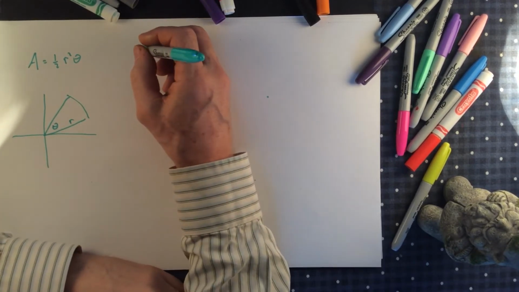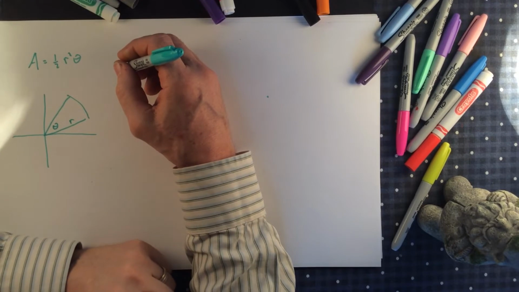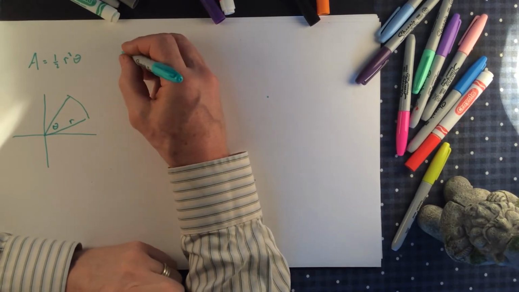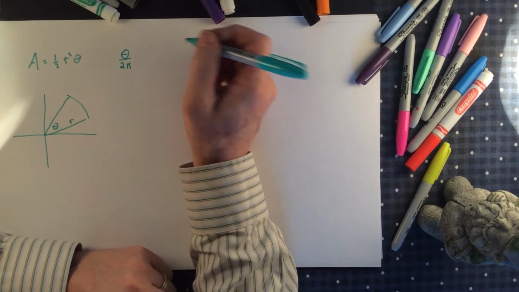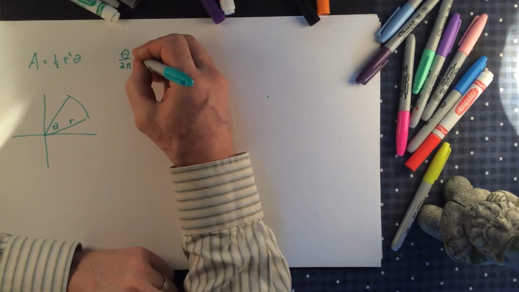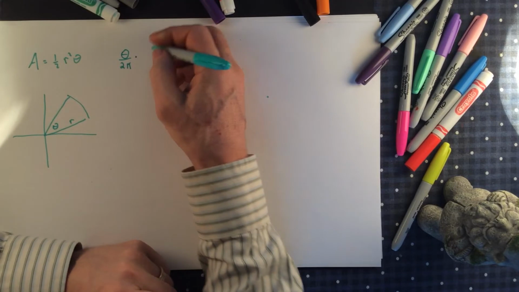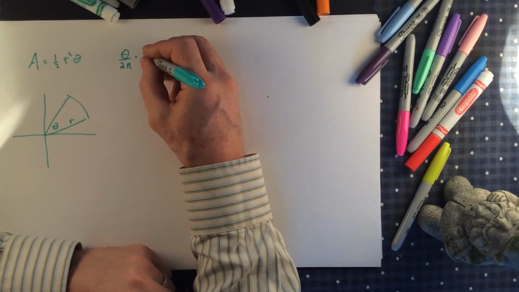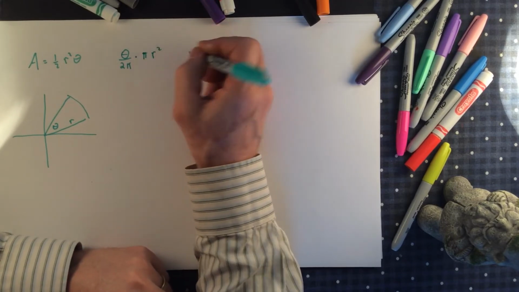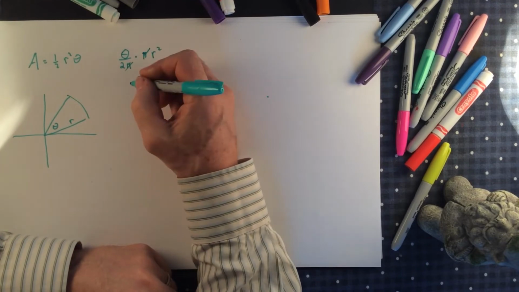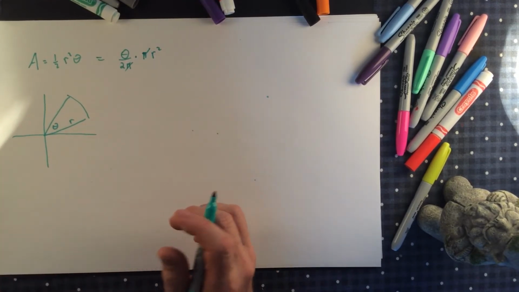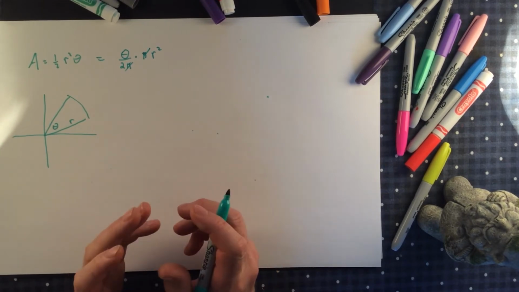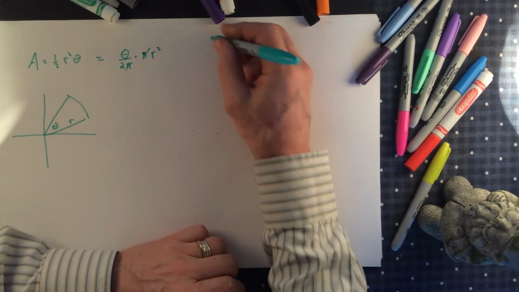So if you want to calculate the area you have, well, then you would take theta divided by 2 pi when theta's in radians, and this will be the proportion of your circle, times the area of the circle you have, which is pi r squared. So then when you cancel, lo and behold, that's the formula you get when you draw a very small pizza slice in radian measure.